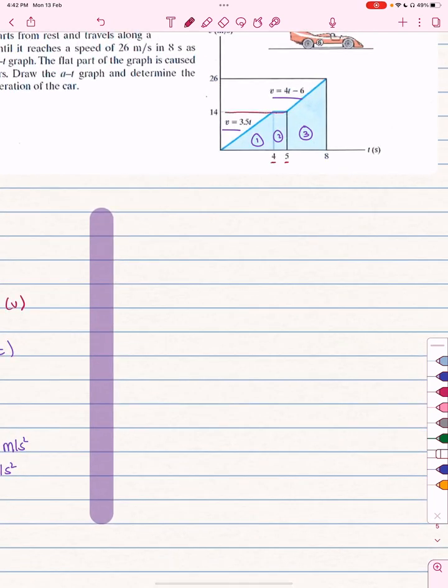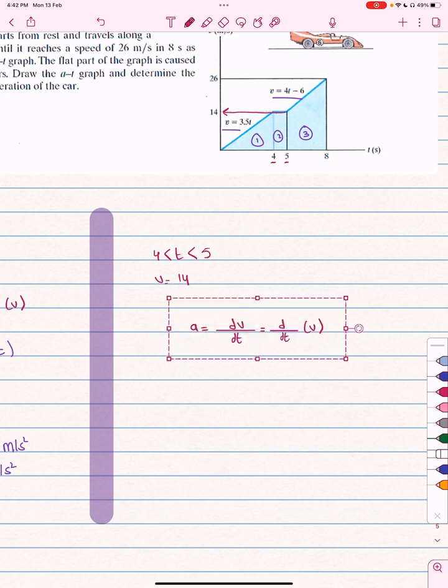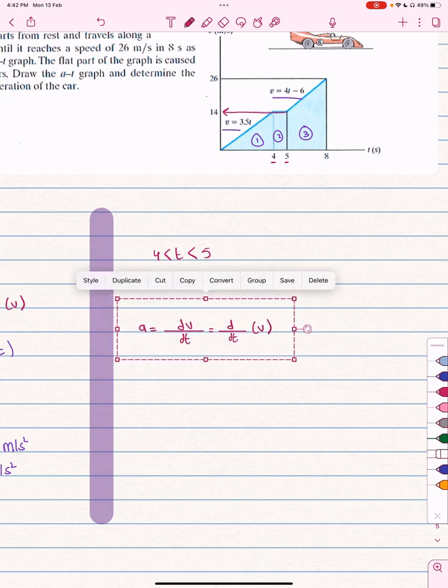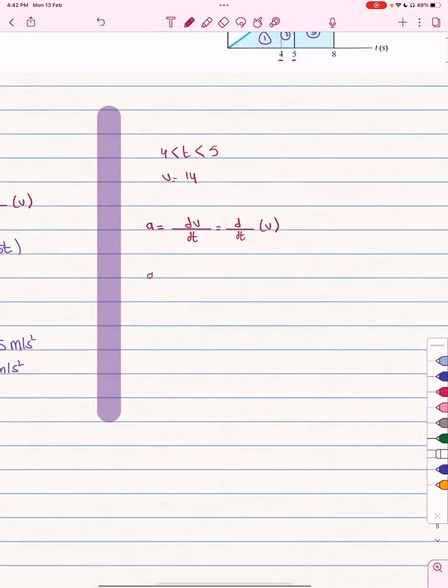Here V equals 14. So we will say that time starts from 4, stops at 5, V equals 14. We'll be using the same formula: A equals d over dt, and here V equals 14 and the derivative of 14 is 0.